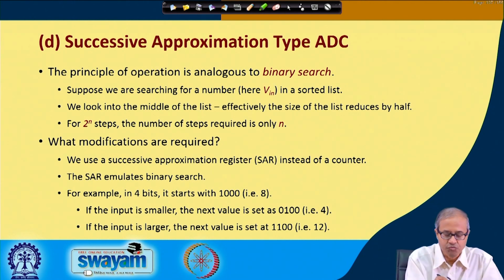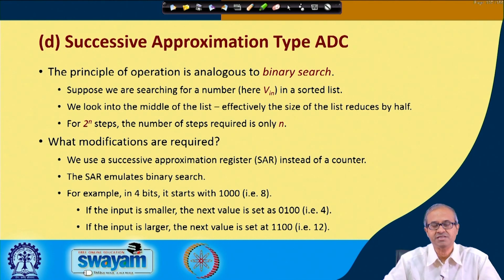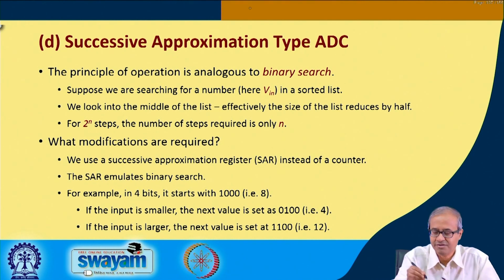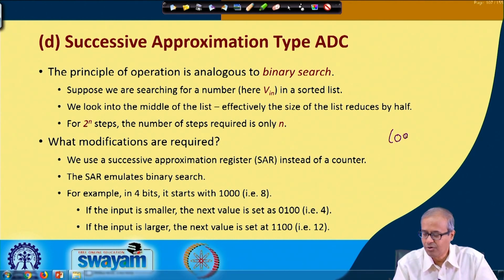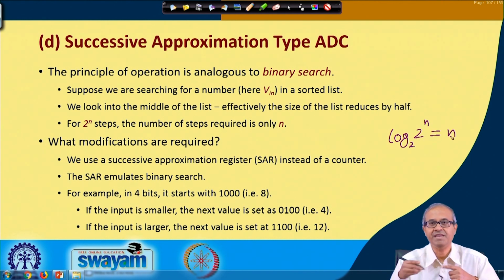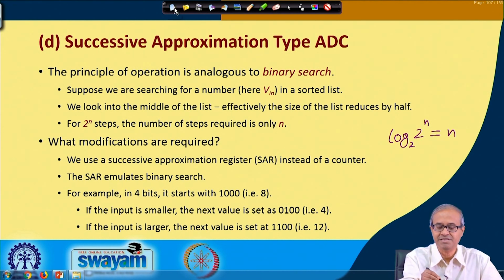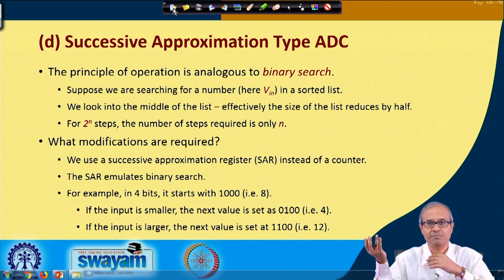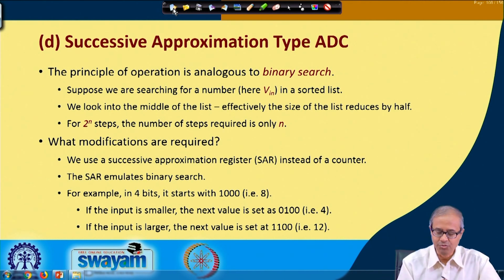So, if there are 2 to the power n elements I want to search, I will need log of 2 to the power n to the base 2, which is nothing but n. I need n number of steps. So, if I can implement this, I need only n clock pulses and not 2 to the power n clock pulses. So, how do we do it?